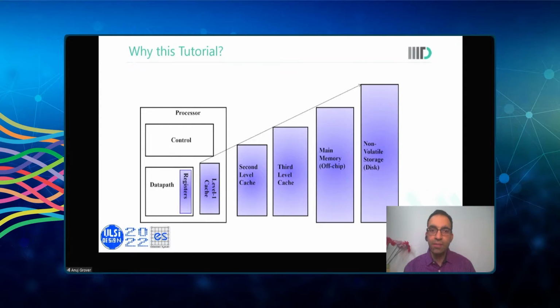In fact, up to 70% of chip area in advanced digital SoCs is consumed by memories. Let me just take a moment to share that slide with you. Just give me a second.